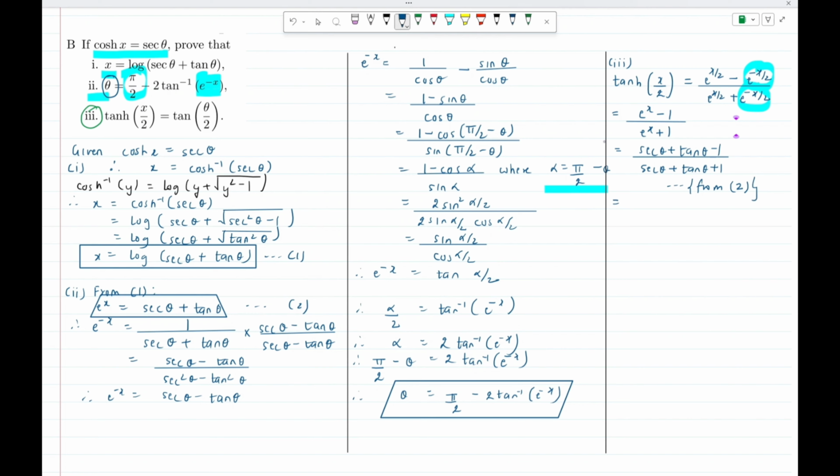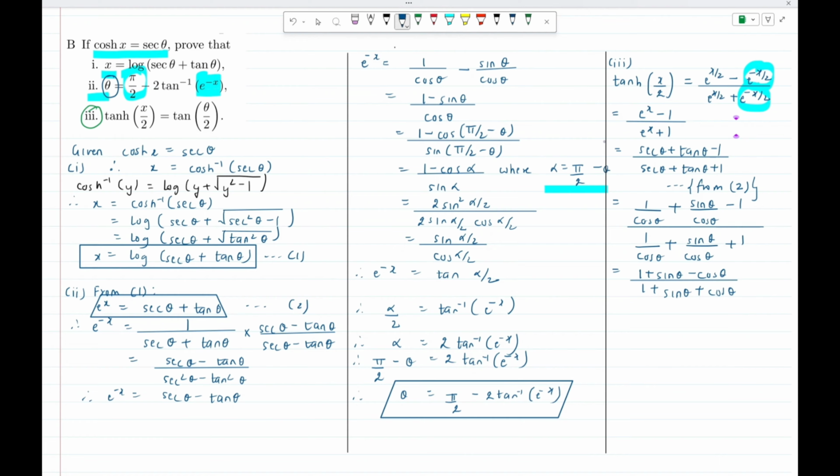Now using the definitions of sec and tan, we can say that sec is going to be 1 by cos, tan is going to be sin theta by cos theta, minus 1, and this is divided by 1 by cos theta plus sin theta by cos theta plus 1, and this is going to give us 1 plus sin theta minus cos theta, and in the denominator we will get 1 plus sin theta plus cos theta.